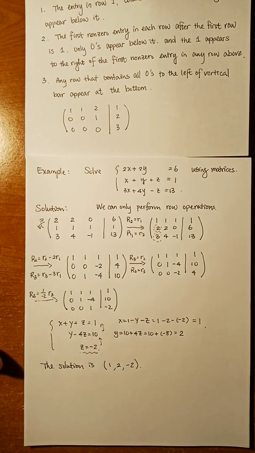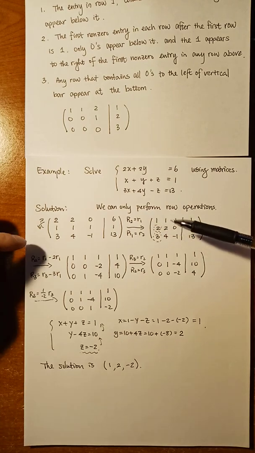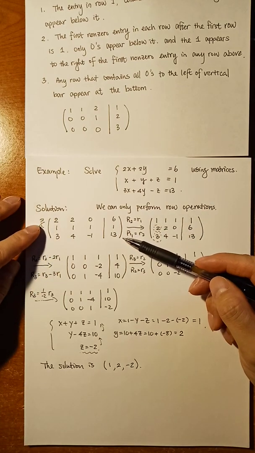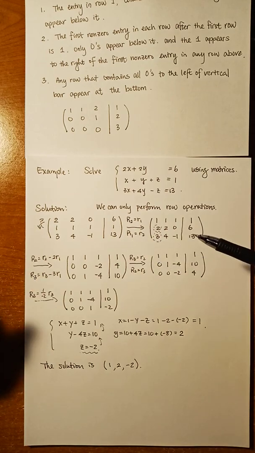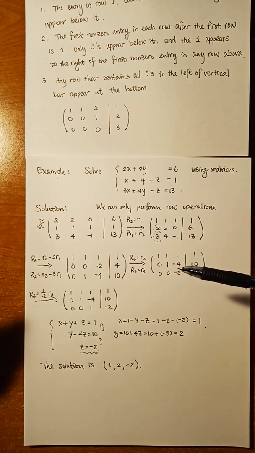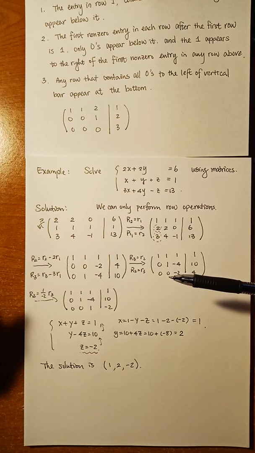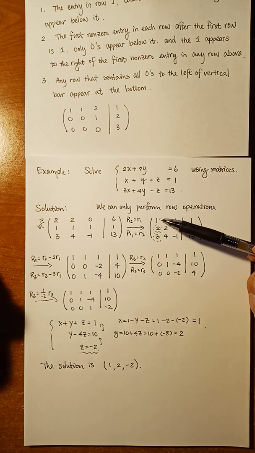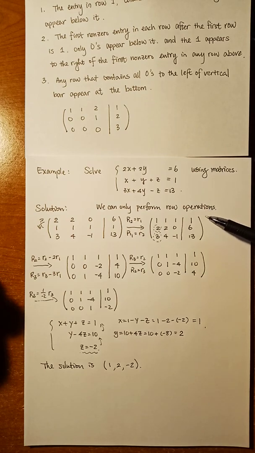So what is the strategy? What is the method? We just try our best to make the given augmented matrix into the equivalent row echelon form. And every step can only be performed by row operation.